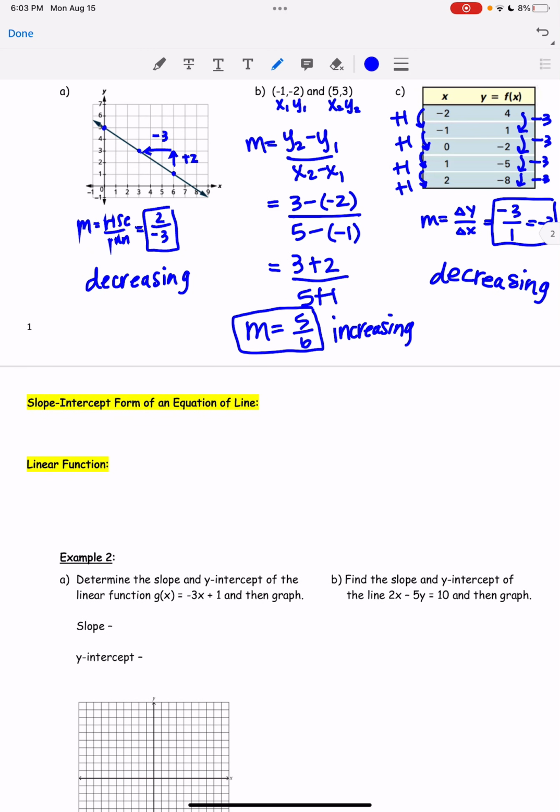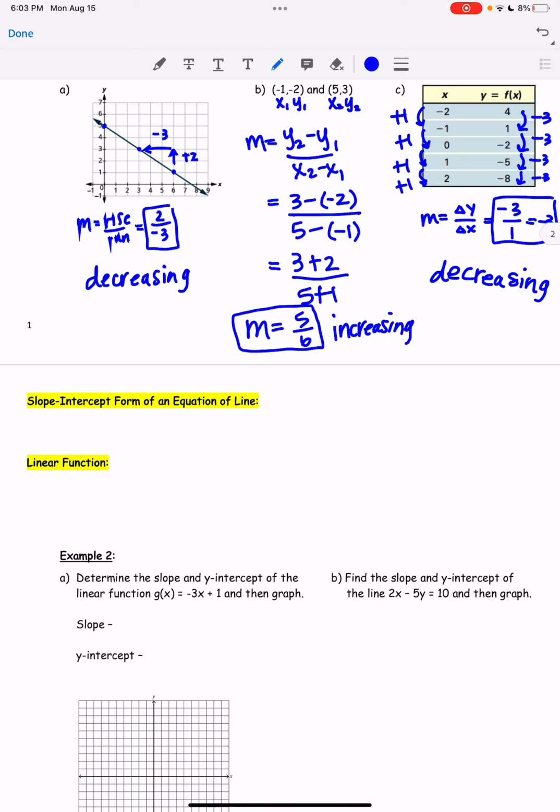Now we have two equations. You have slope-intercept form of an equation of a line, and then a linear function. These are truly the same thing. It's just notation.